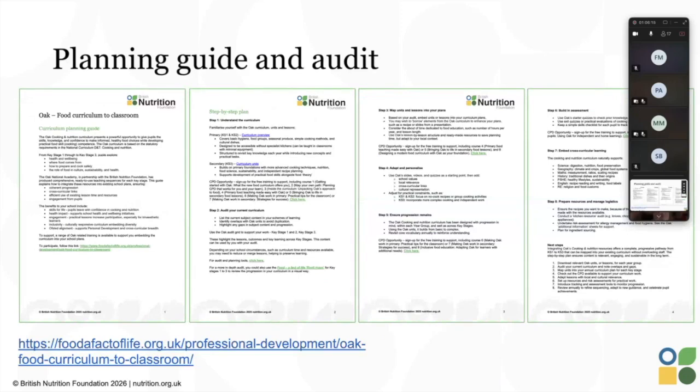What we've also got is lots of planning guides and audit materials for you as well. So this is just one example about how you could use the Oak materials to help plan your own curriculum in school.